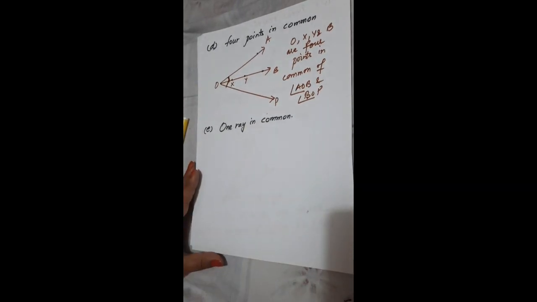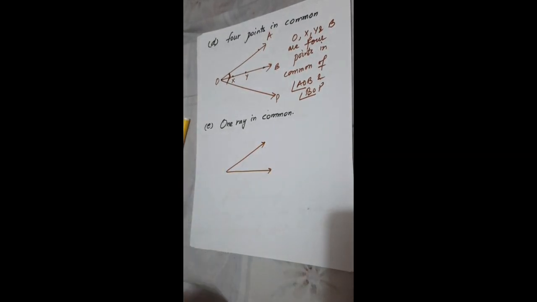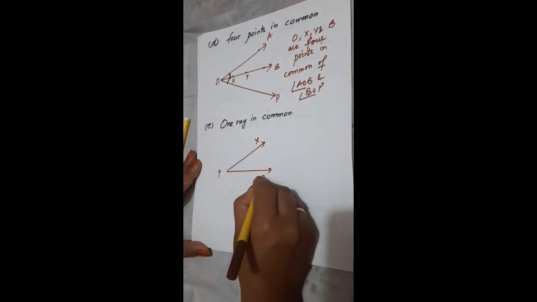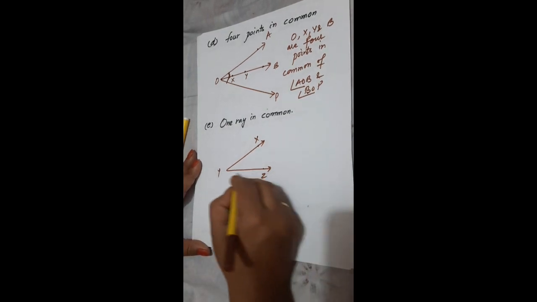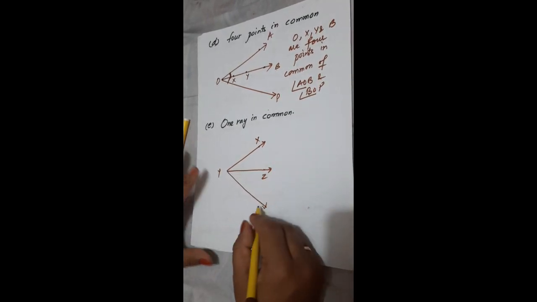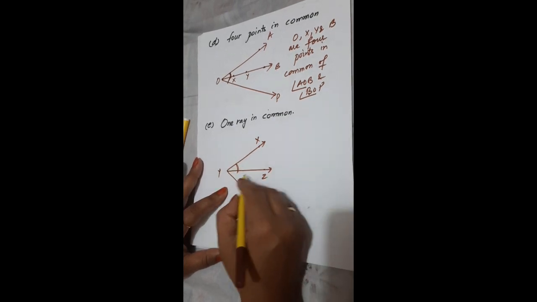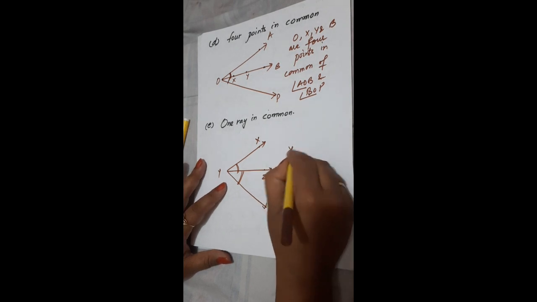Next we have one ray in common, only one ray. Let's draw one angle, X, Y, Z. Clear? Then draw another one, W. Here the first angle is this and the second angle is this. So I will write YZ.